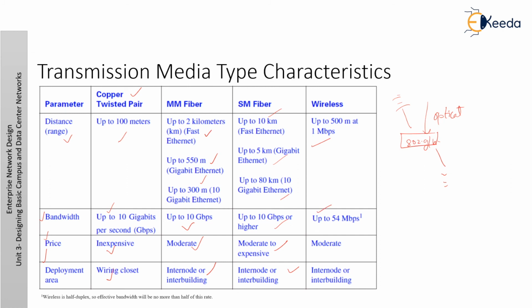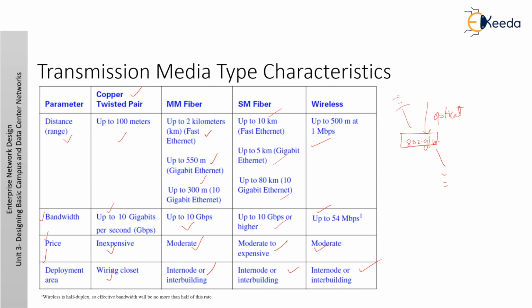Wireless is half duplex, so effective bandwidth will be no more than half of its rate. And next, its price is moderate. If we purchase a wireless router, it is typically 2000 or 3000 rupees. But if we purchase a Cisco router, definitely it will cost more. And it is used for internode or inter-building communication.